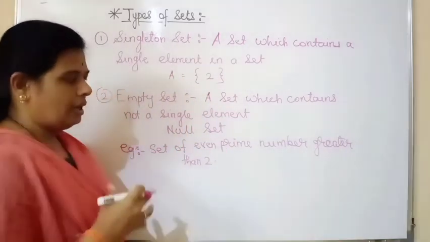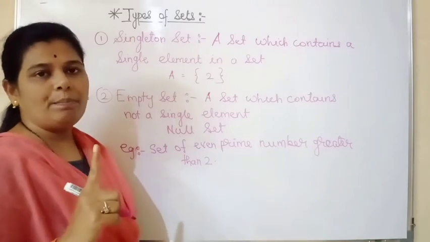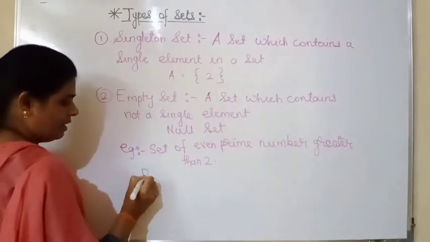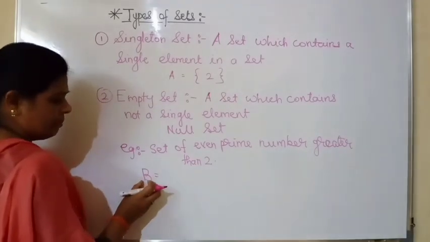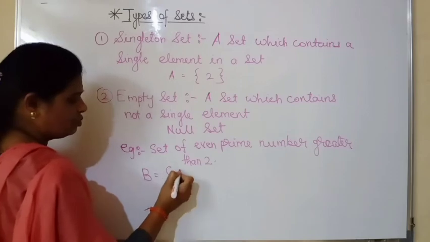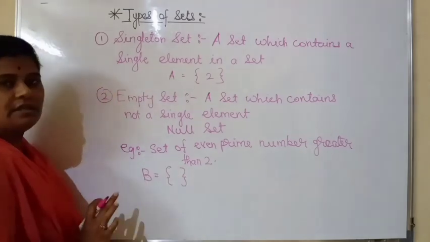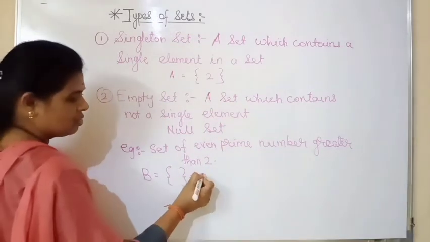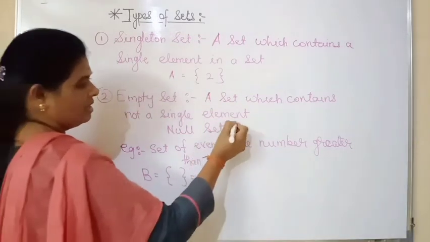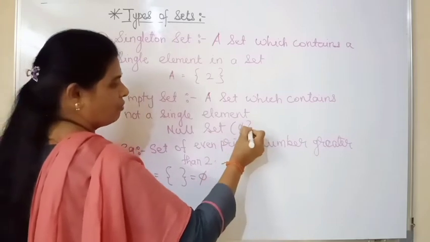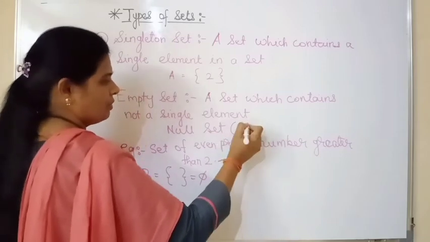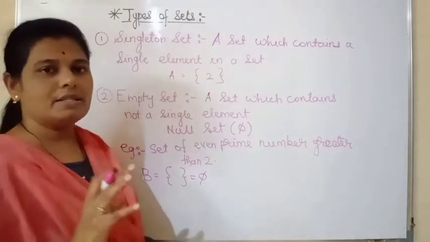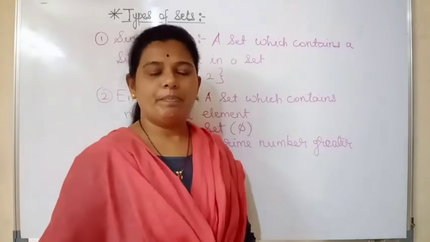Now all of you know, among the prime numbers there is only one even prime number, that is 2. So here, suppose I give the set the name B, there is not even a single element in this set. Such a kind of set is called an empty set, or it is also called a null set. So this is the symbol of the null set. A very important point: you have to keep in mind both names, the empty set as well as the null set.